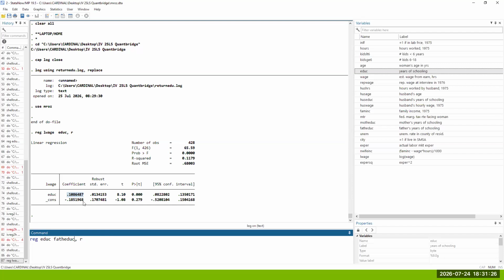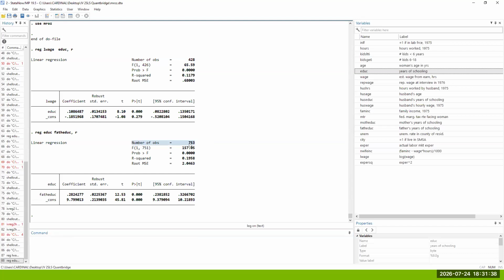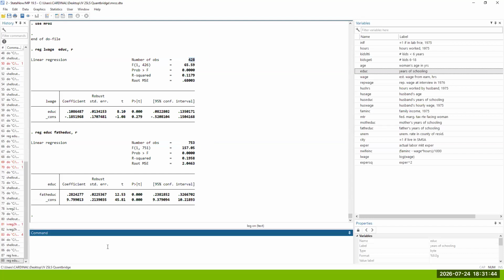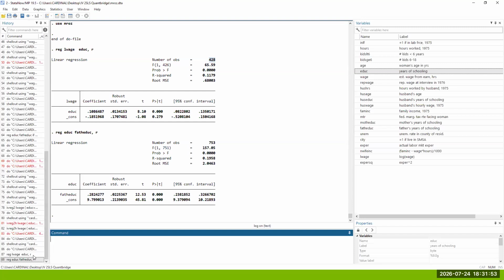If you run it like this, you may not get exactly what I have in my slide, which I'll share with you. So we have here, you realize that the sample size here is 753. The sample size here is 428. So what you can do in Stata is to restrict your analysis to the same sample size as the initial one.